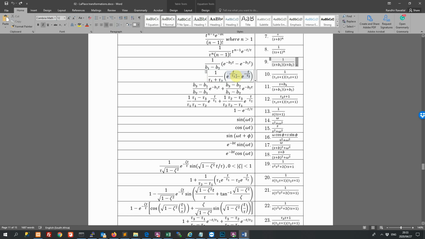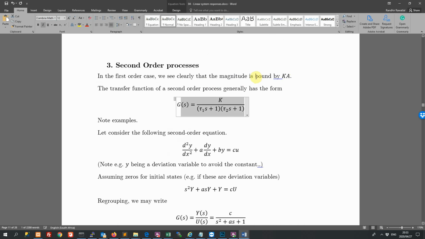So you've got the sum of exponential functions with a different time coefficient, and there's a coefficient in front of all that. So that's our second order process, and we'll see just now how that comes about. Well, in fact, we'll see it now.